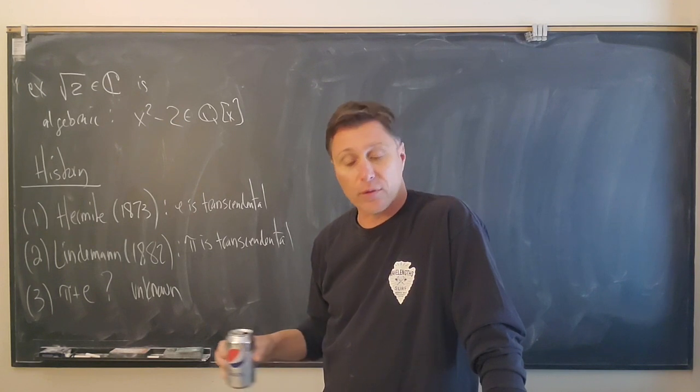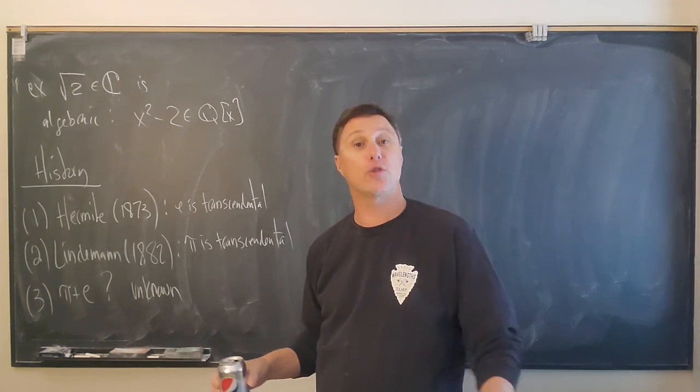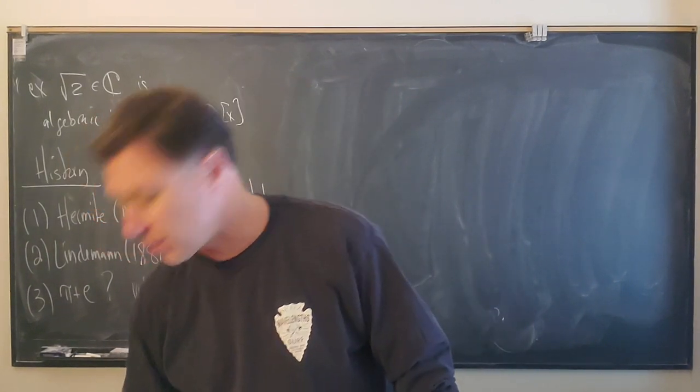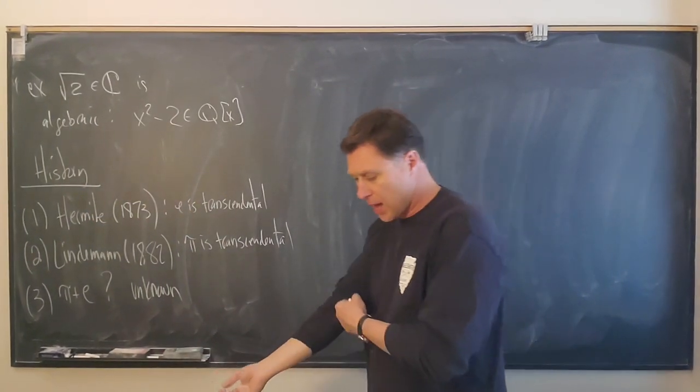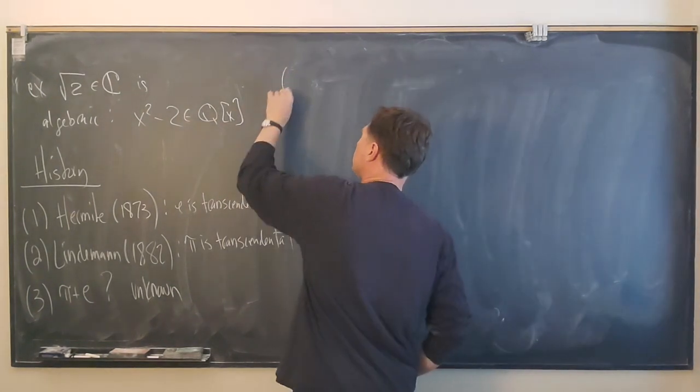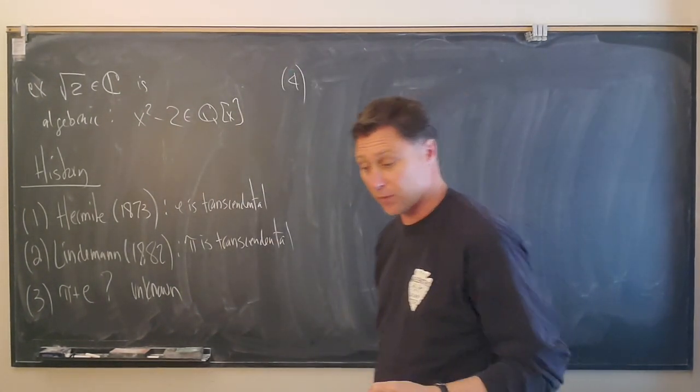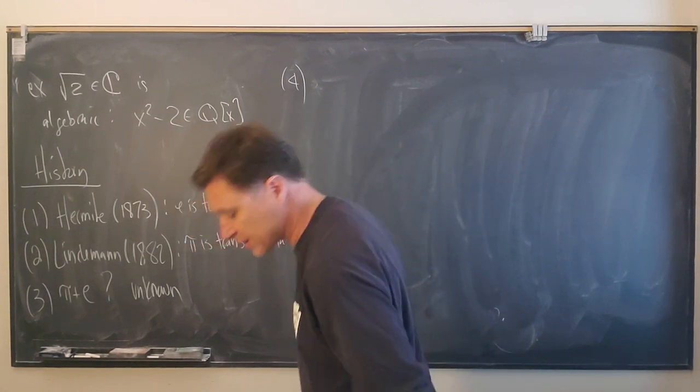He outlines 23 problems that he says are important for the future development of mathematics. These are known as the Hilbert problems. One of them involves this idea of algebraic versus transcendental. This is Hilbert's 7th problem.